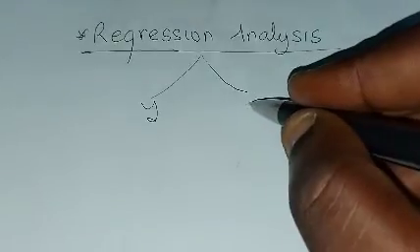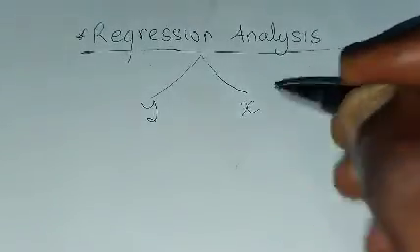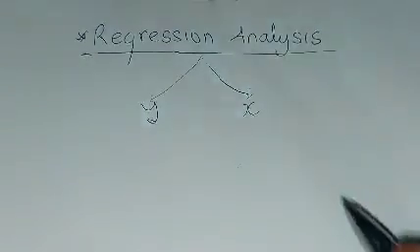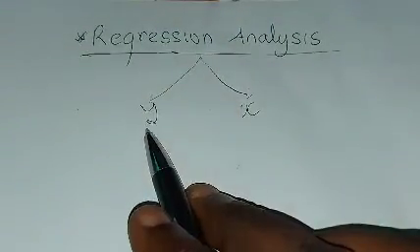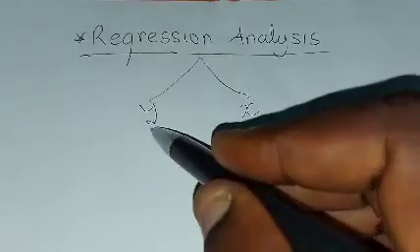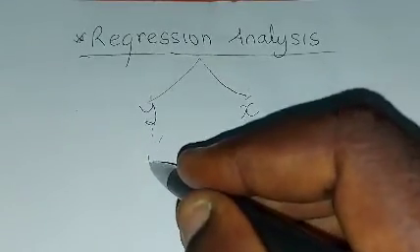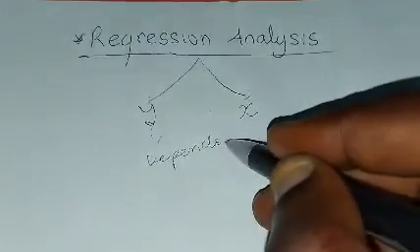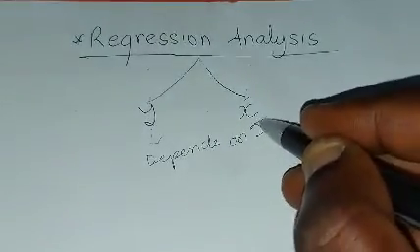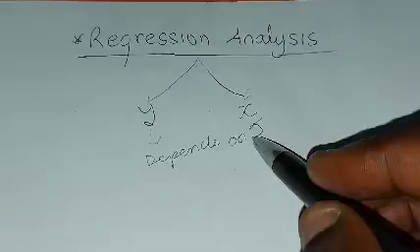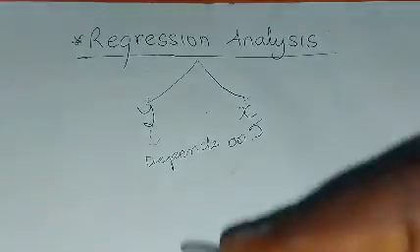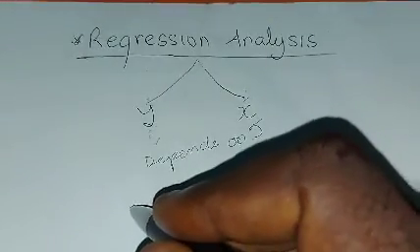Supposing there is a linear relationship that exists between y and x, such that y depends on x, we can use regression analysis to formulate a regression line.